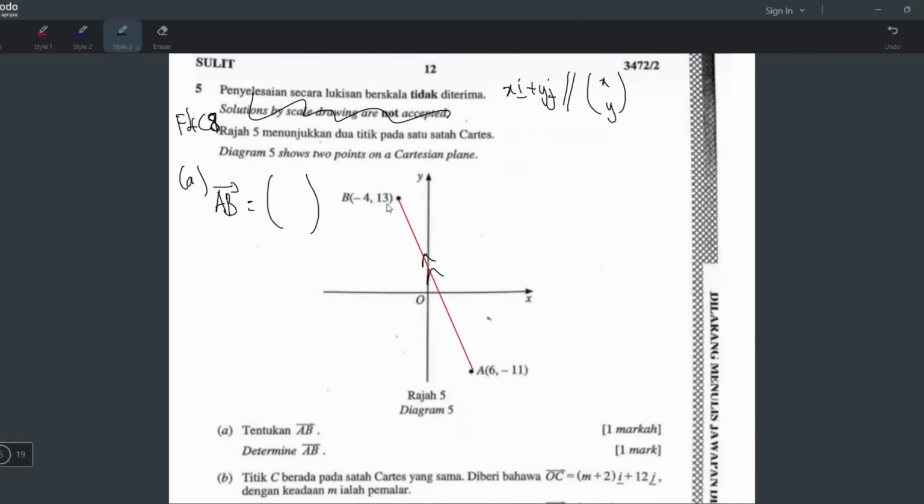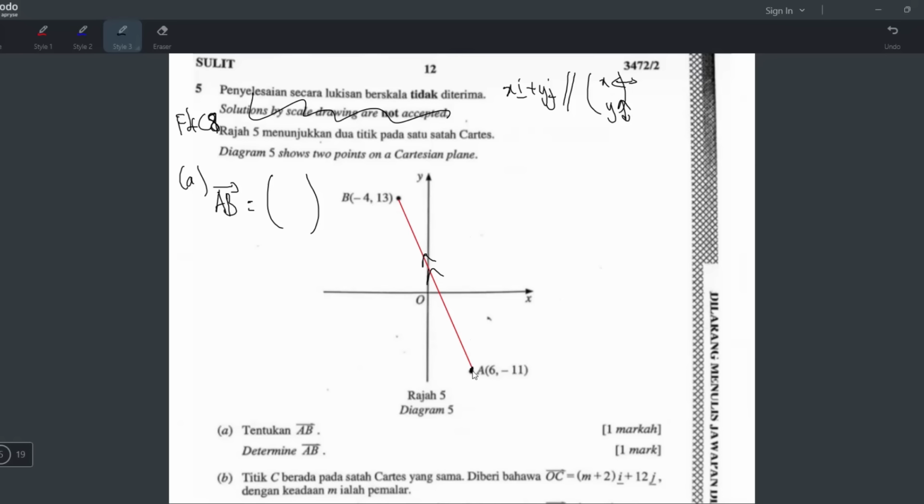Alright, so for the x, because you are finding A to B, what you have to find is how much to the left and then how much up. Remember, the top number is for the left-right movement, and the bottom is for the up-down movement. If you start from A, you have to go left first. You cannot go up, because it has to be horizontal movement first. So horizontal, go left, but how much to the left?